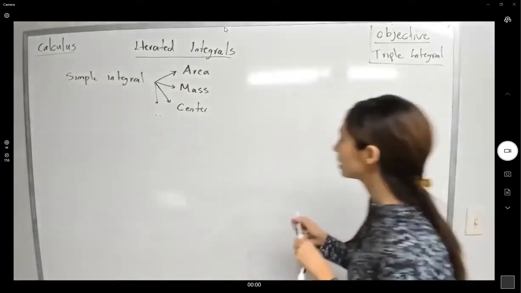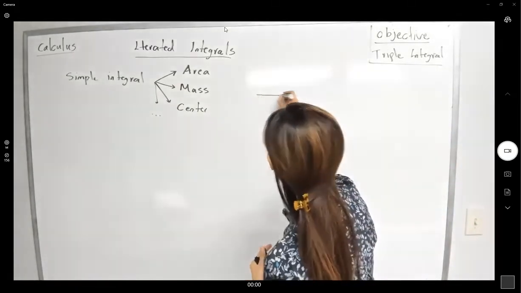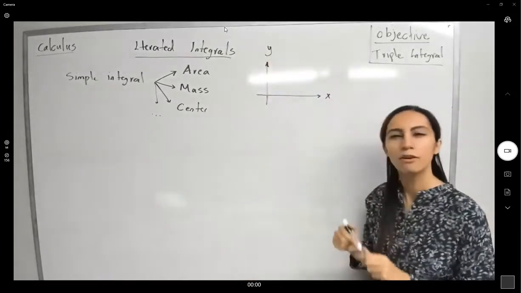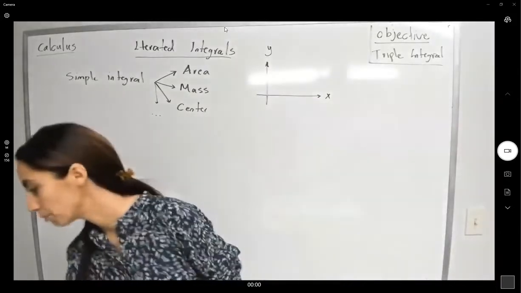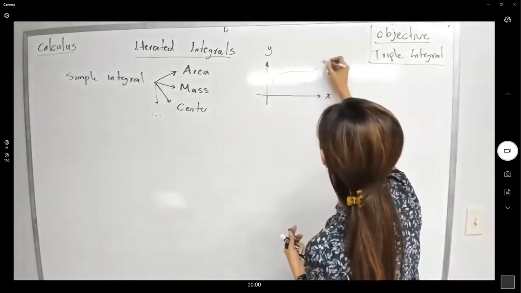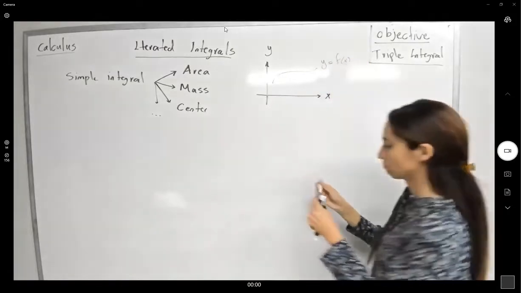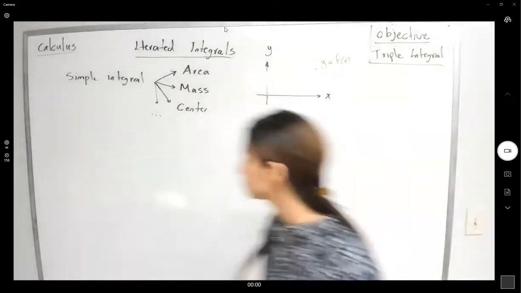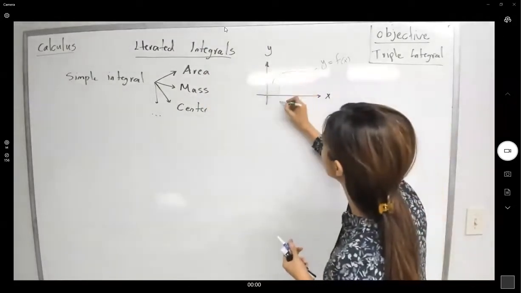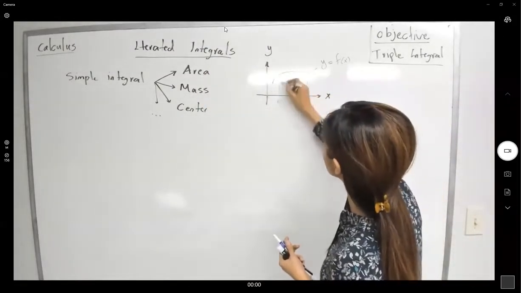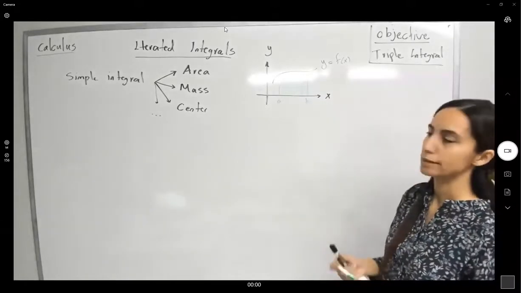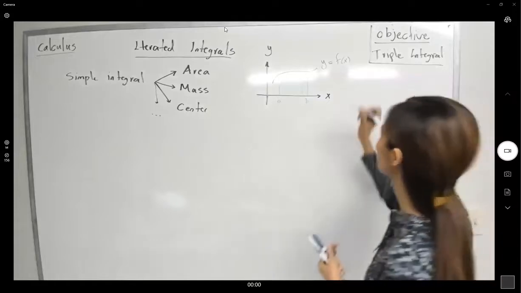So we said that, okay, here we had, for example, the x-axis and then the y-axis, and suppose you have a positive function. It means that the function is above the x-axis, your y is positive. So here you have your function, y equals f of x. Suppose we want to find the area below the graph between a and b. To find this area, a guy named Riemann came up with some solutions.